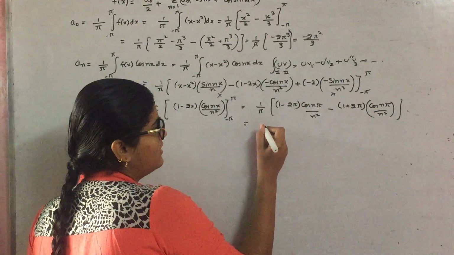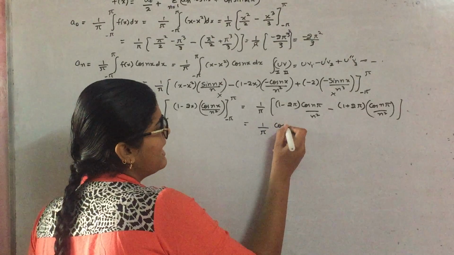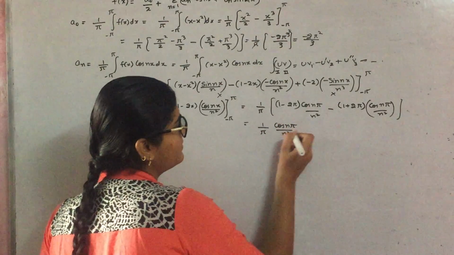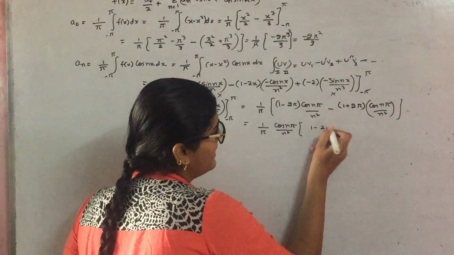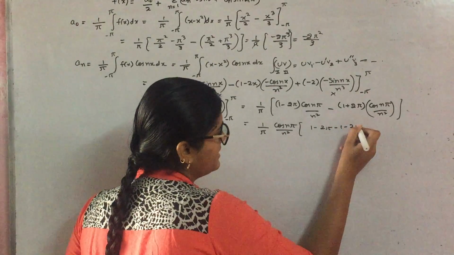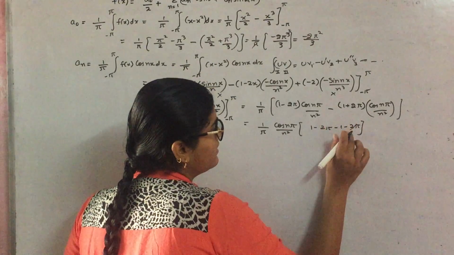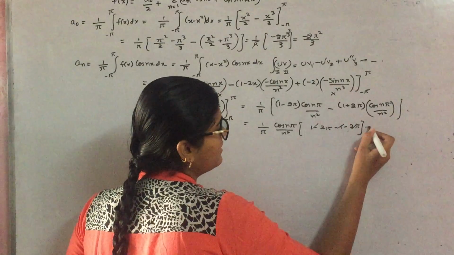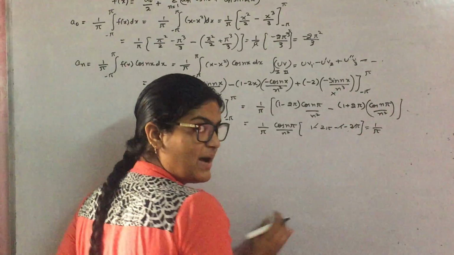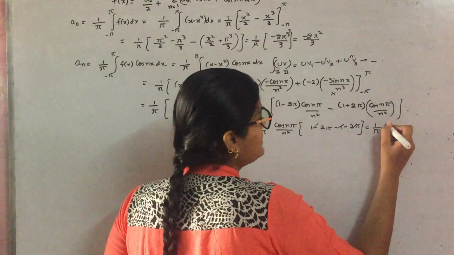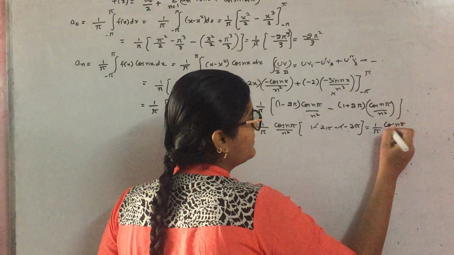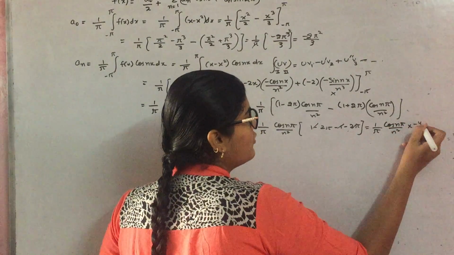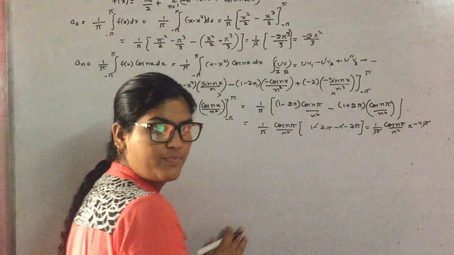If you take cos n pi by n square as common, 1 minus 2 pi minus 1 minus 2 pi it is left. Then 1 is cancelled with 1. What we get? 1 by pi cos n pi by n square minus 4 pi. Pi is cancelled with pi.